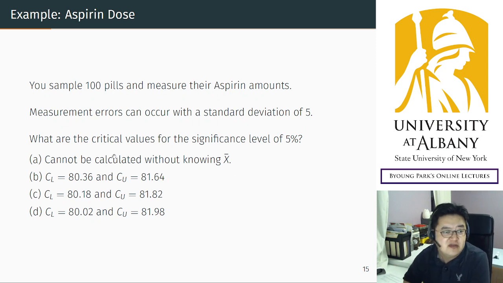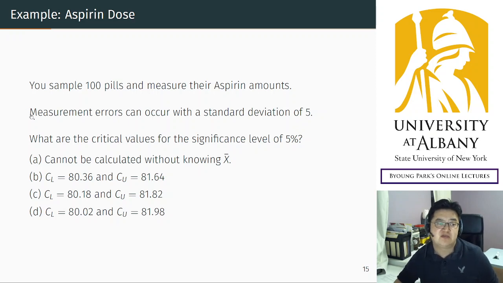Okay, and then after setting up the hypothesis, you collect data. You randomly sample 100 pills and measure their aspirin dose. And for simplicity, I will assume that the measurement errors are known. I mean, you know the measurement errors have a standard deviation of 5 milligrams.